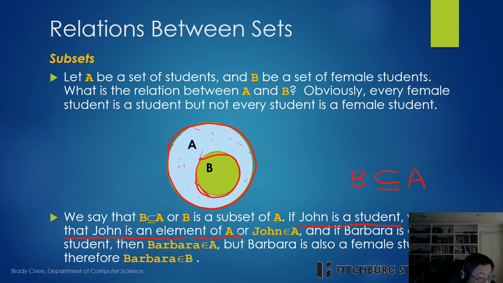So we use the notation John belongs to A. Now, if Barbara is a student, then Barbara also belongs to A. However, Barbara is also a female student, so therefore Barbara also belongs to B. That basically defines the relationship as a subset.